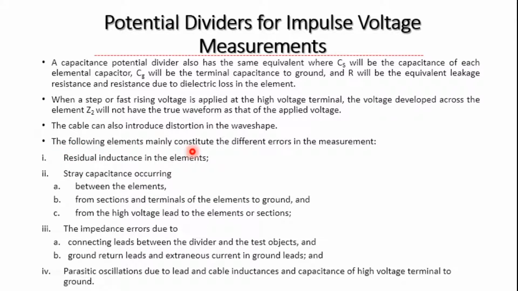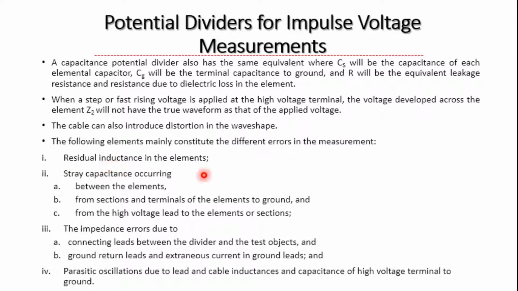The following elements may mainly constitute the different errors in the measurement. One is residual inductance in the element. Even if you consider a pure resistance, it has some inductance as well, which we have to take into consideration.